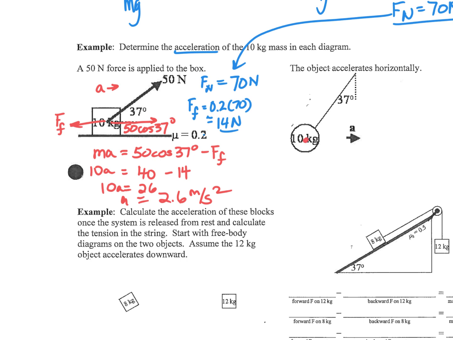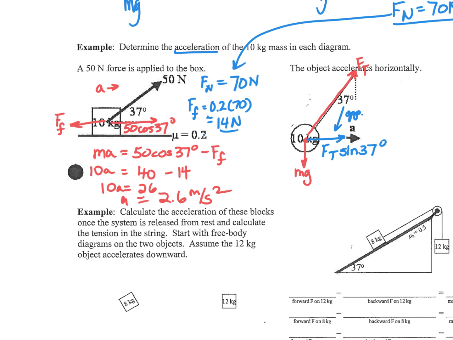Object accelerates horizontally, so we know our acceleration is in that direction. So what do we know here? We know this is mg, and we know we've got a force of tension going this way. If we're looking for acceleration, we're looking in the same direction as acceleration, which means we need the horizontal component of this force, which would be the force of tension sine, because it is opposite of 37 degrees.